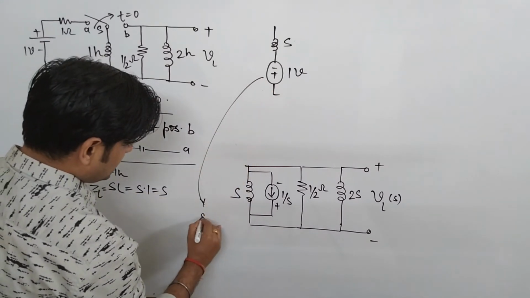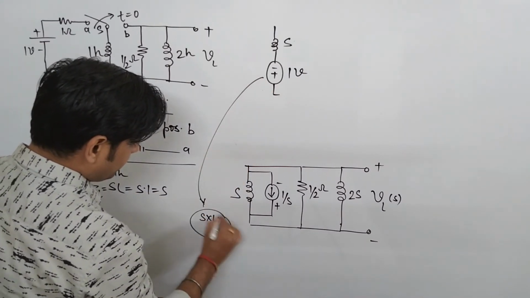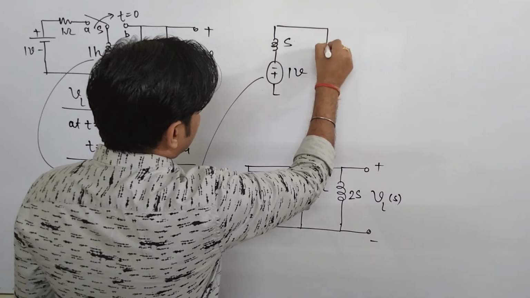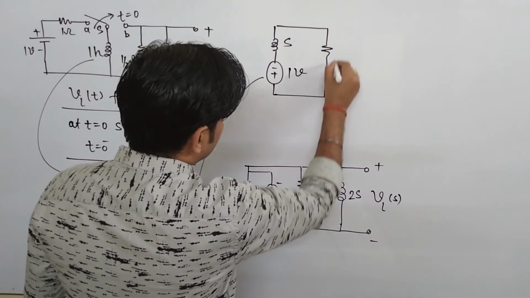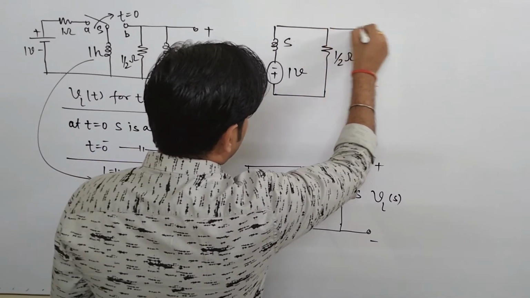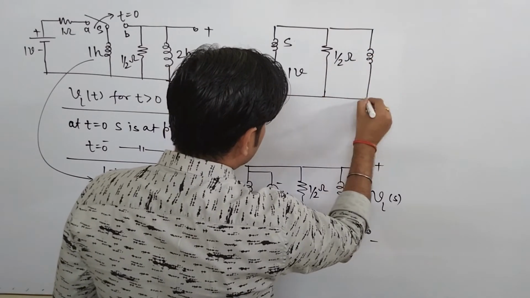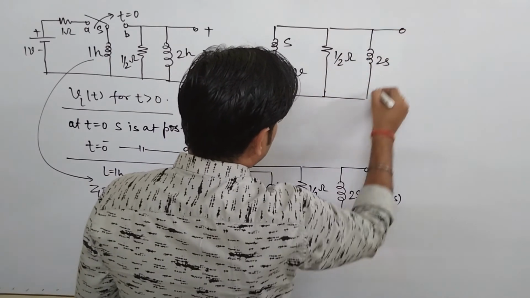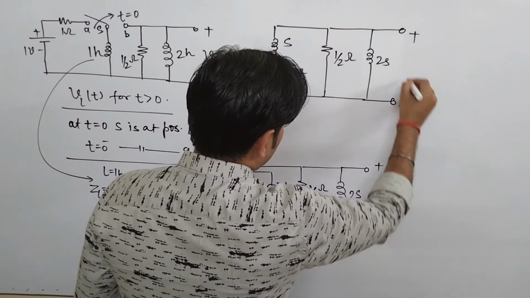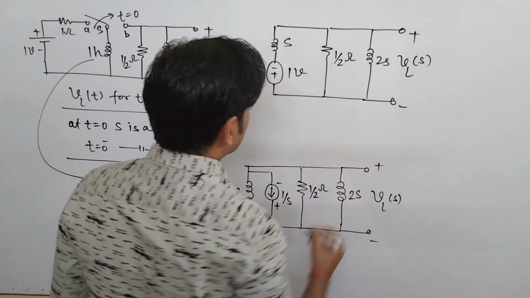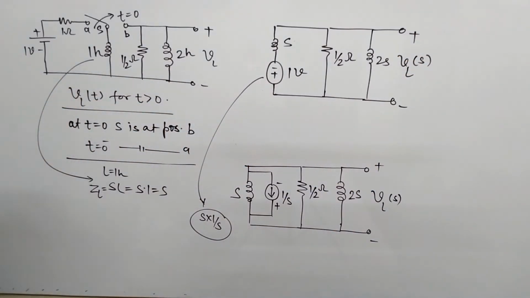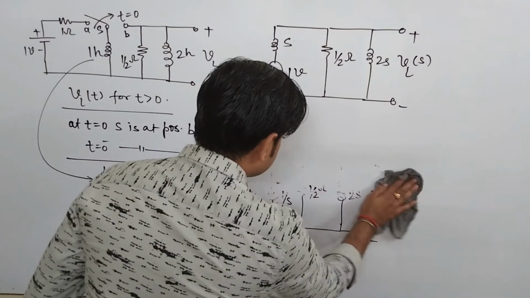Because it is S into 1 by S. This is 1 by 2 ohm and this is 2S. Now just solve it and get the answer.